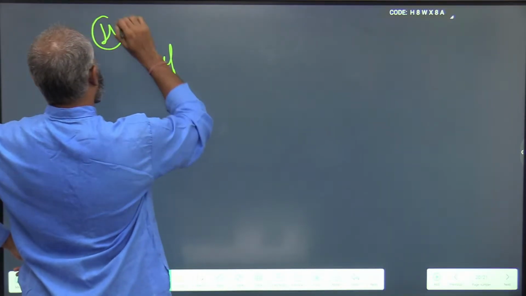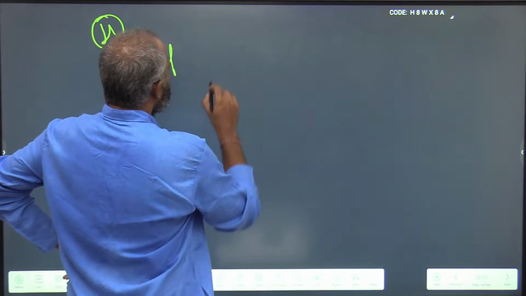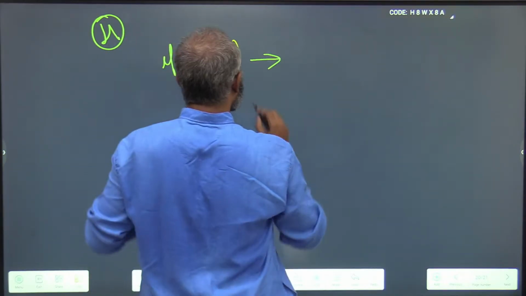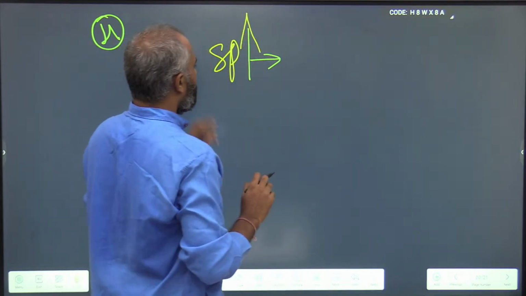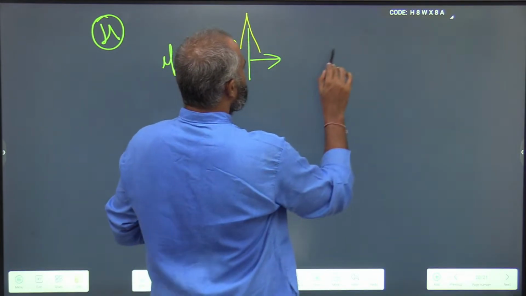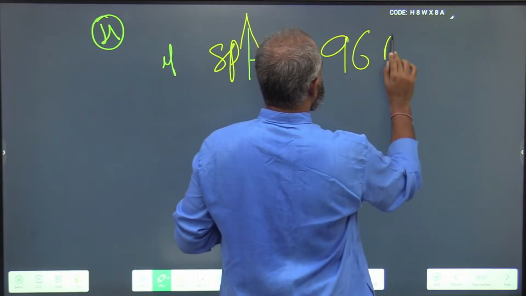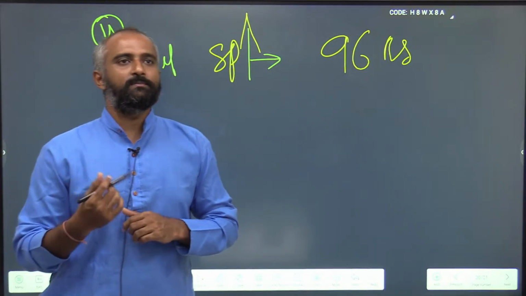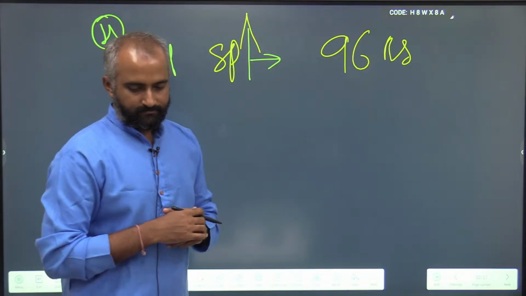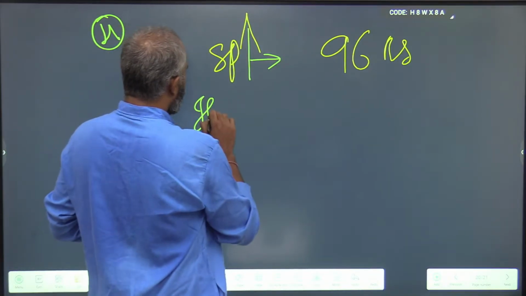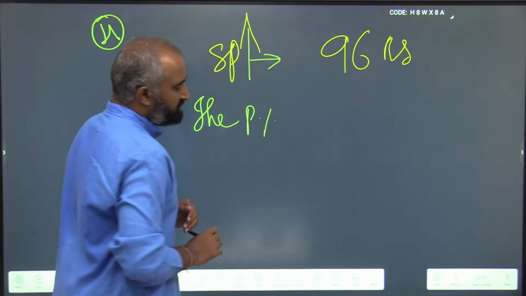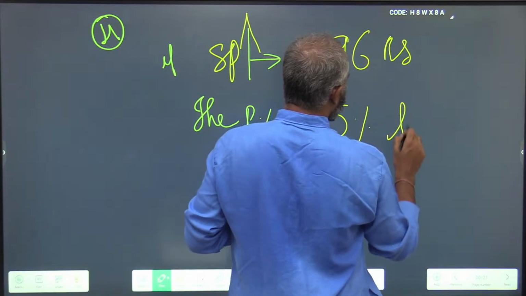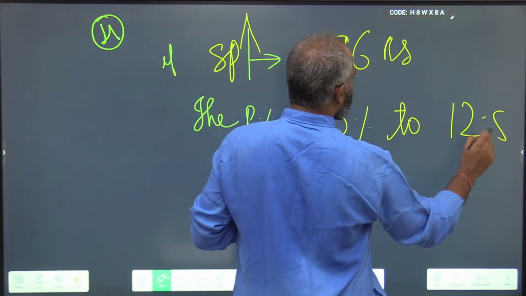Now, question 4 or 5? Okay, 4. If selling price of an article is increased by rupees 96, the profit percentage increases from 5% to 12.5%.